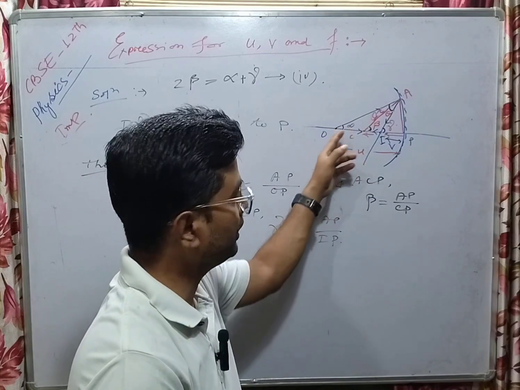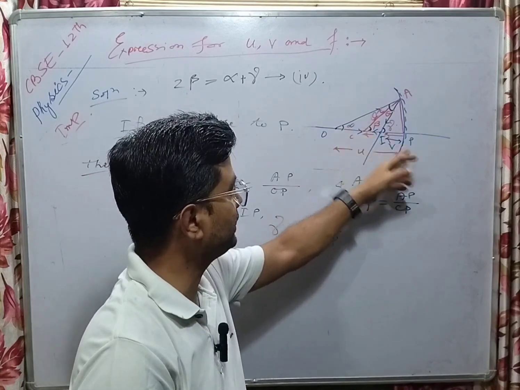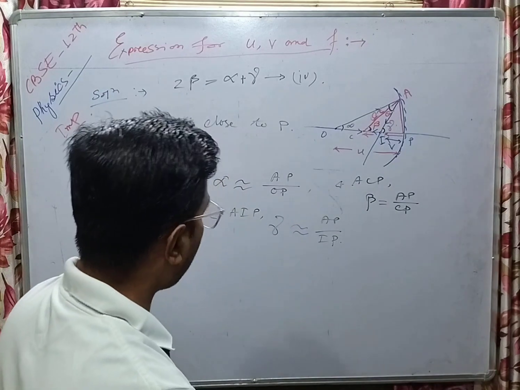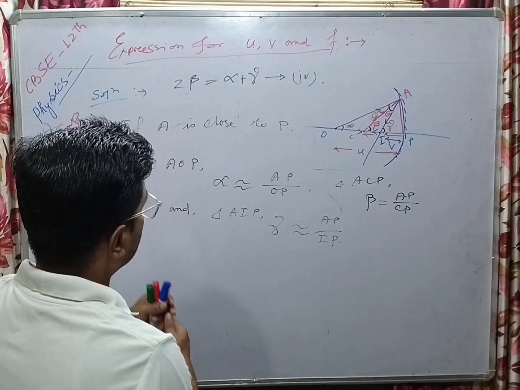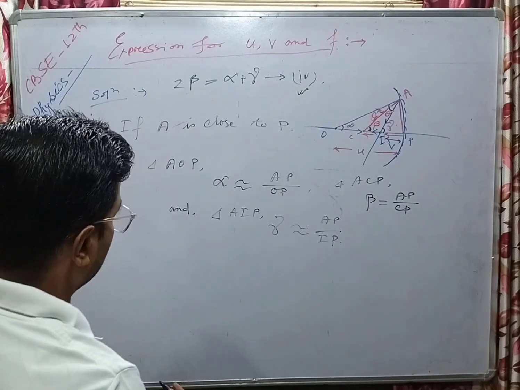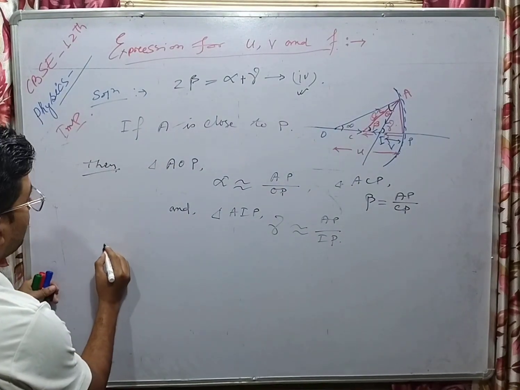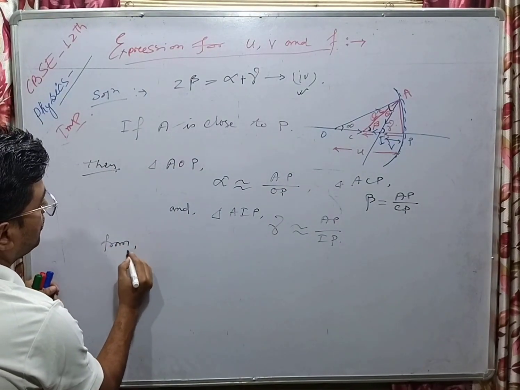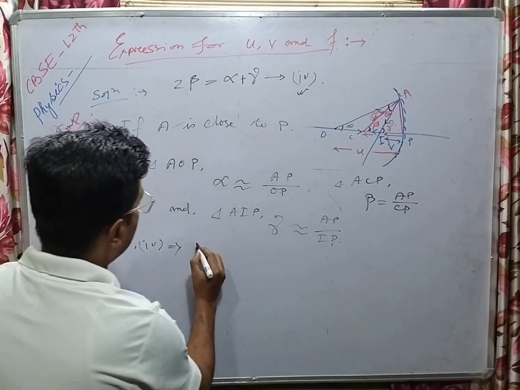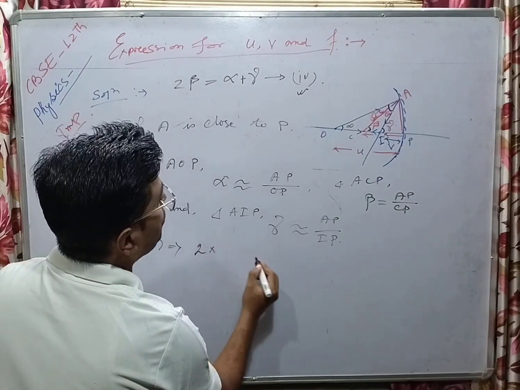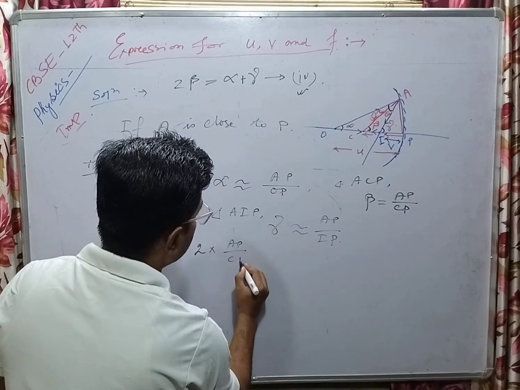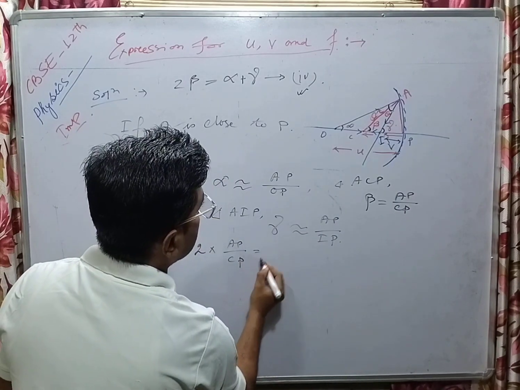Tan alpha, tan beta, tan gamma, you can obtain. Now, from equation number 4, twice beta, 2 into beta is equal to AP by CP.